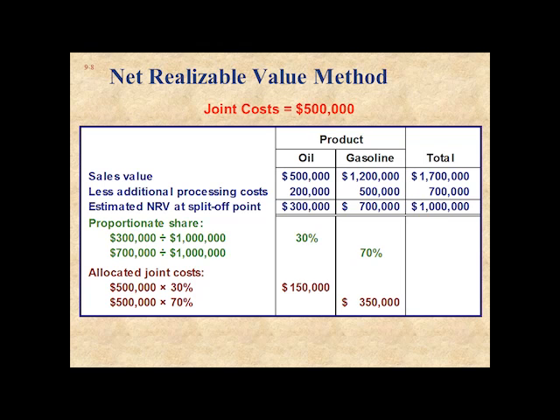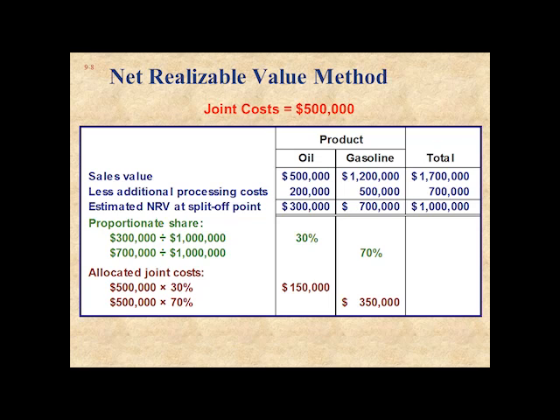Let's look at this example. We have joint cost of $500,000. This is the amount to be allocated. If we're going to use the NRV method, since both of these require additional processing, you will take the $500,000 minus the additional $200,000, and you'll get NRV of $300,000 for the oil.